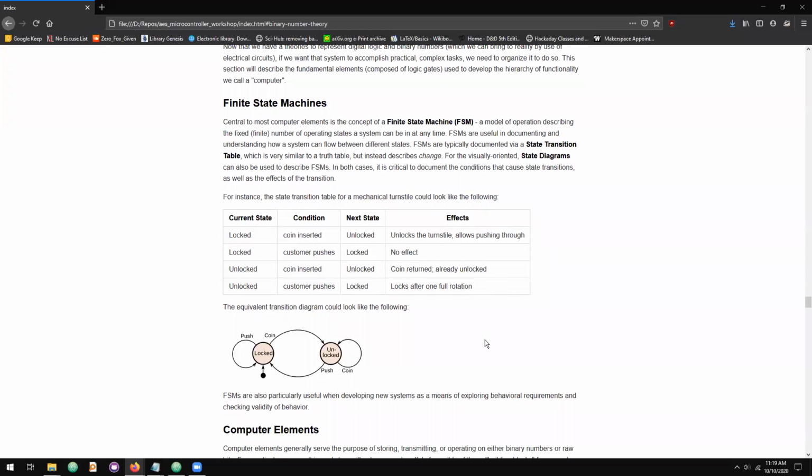My example here is a turnstile, like one of those paid gates that you go through to enter a train station, a ride, and so on. We can represent two different states here: the locked state and the unlocked state. There are, again, more states that we could represent, but maybe we don't care about them.